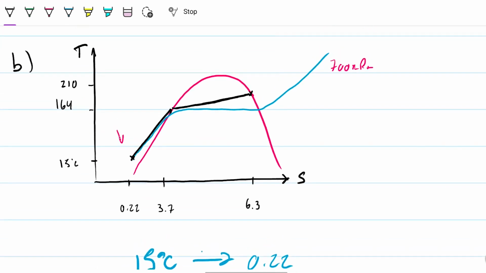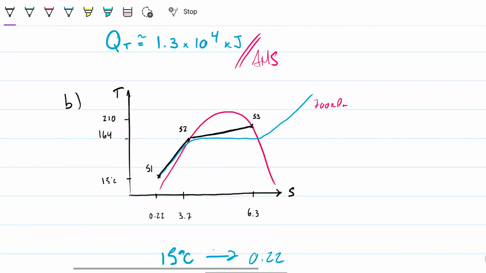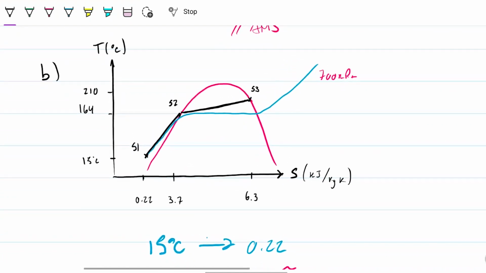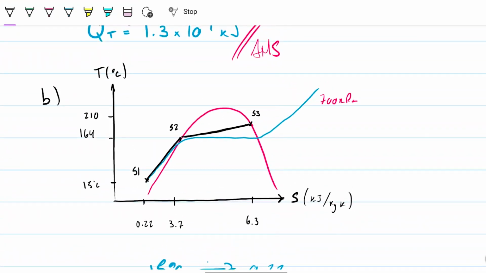Okay, so state 1, state 2, state 3. These are in kilojoules per kilograms Kelvin, and this is in degrees Celsius. Beautiful. All right, so that does it for our TS diagram.